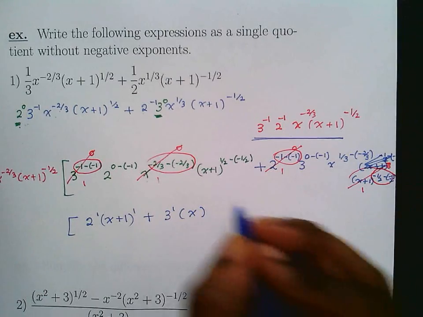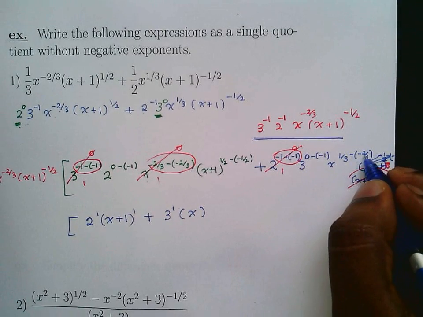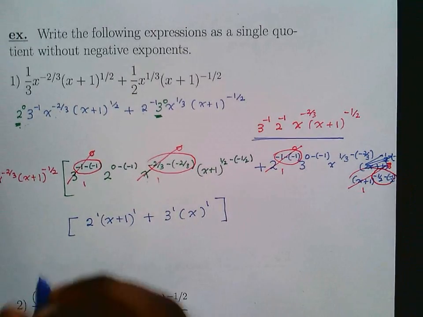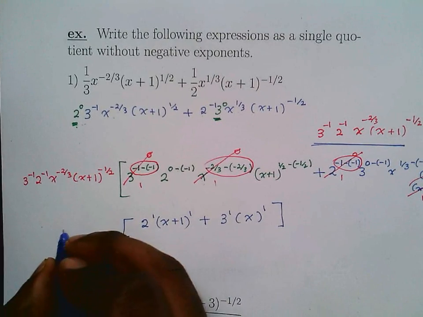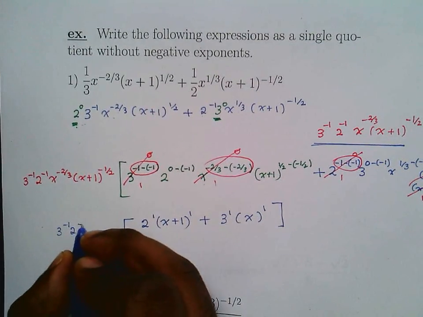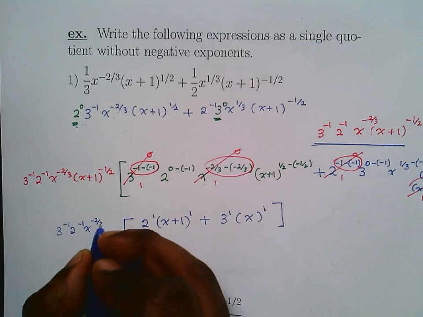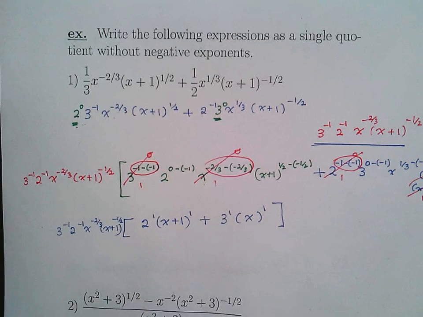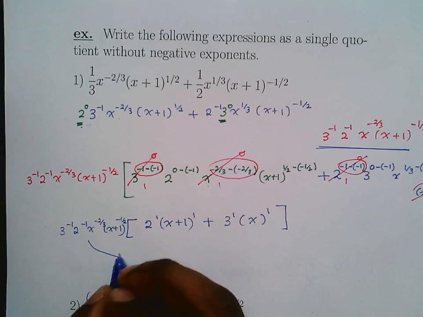And x to the power 1/3 minus -1 2/3, that's 1. So 3 to the -1, 2 to the -1, x to the -2/3, x plus 1 to the -1/2. Now you can just send it to the bottom.